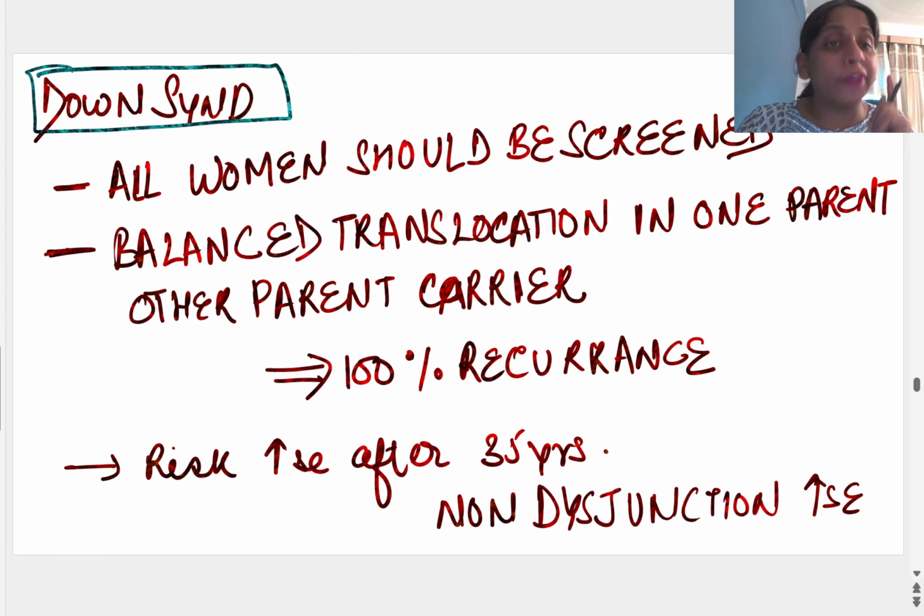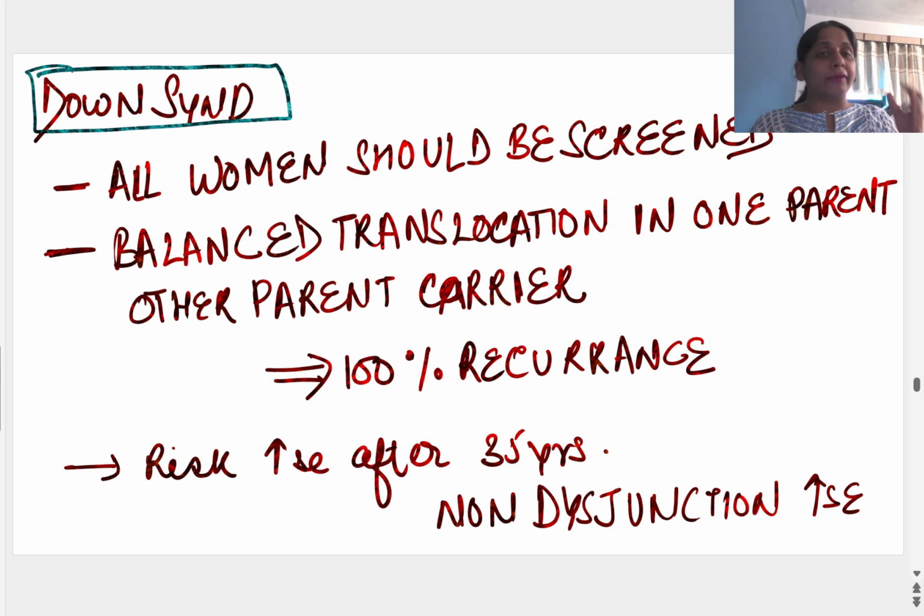I know a very famous family in which every child was Down syndrome, because all the males of that family were having balanced translocation. Some were affected mildly, some were affected more.